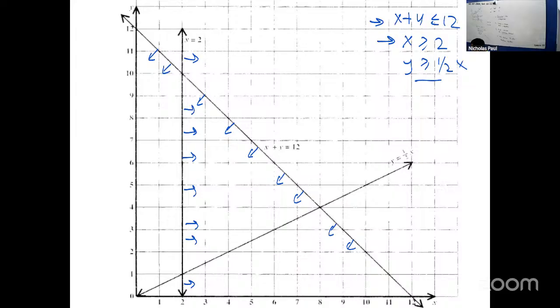Where do I shade here? More than a half x. Look back at the rule from last week. Very simple rule. Above the line is always more than, and below the line is always less than. So where's the shade? Above the line.